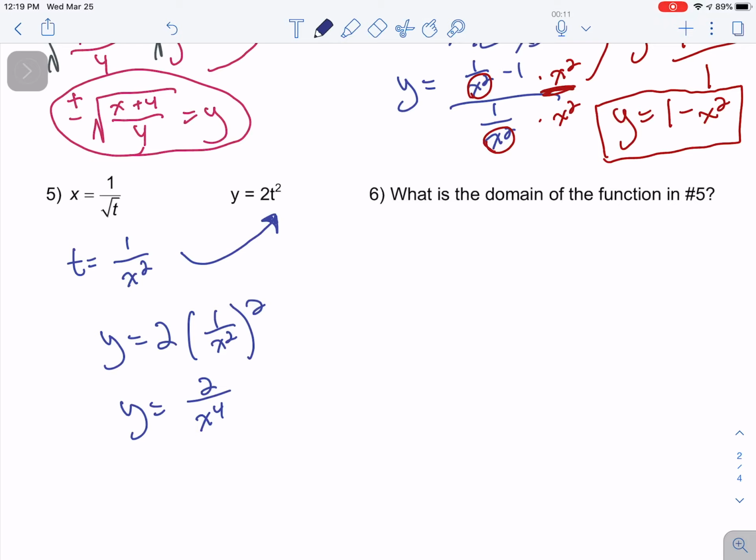And what's the domain of this function here in 5? Well, our only restriction is our denominator cannot equal 0. So it just means x cannot equal 0. So that is our domain restriction there for number 5.